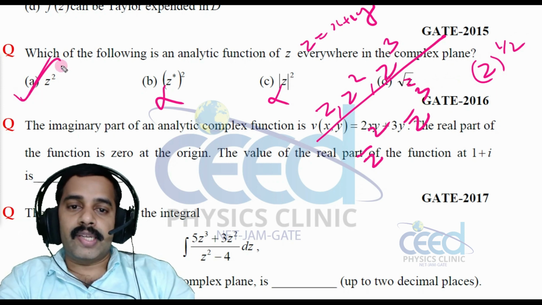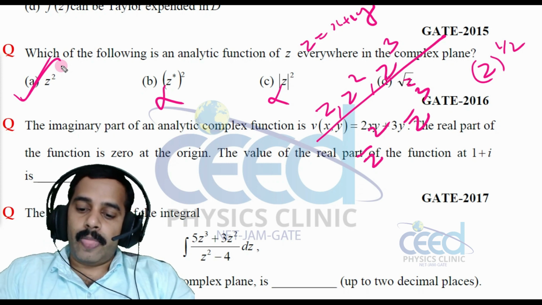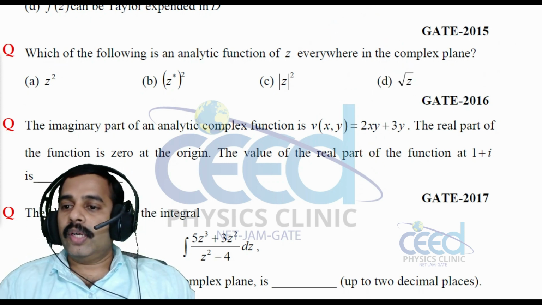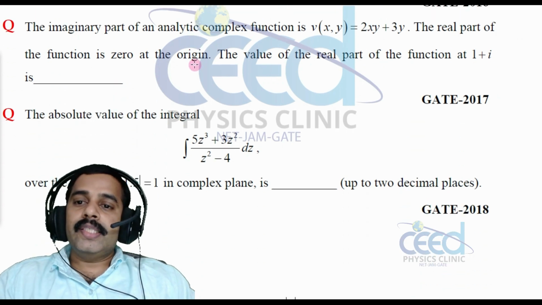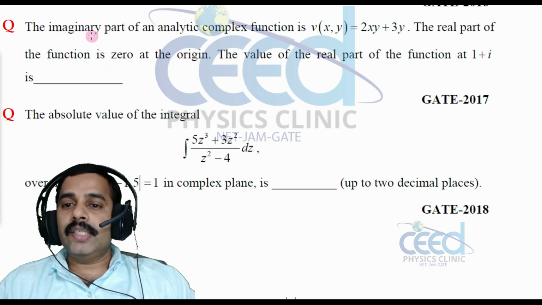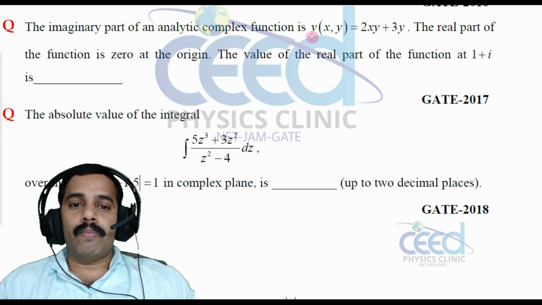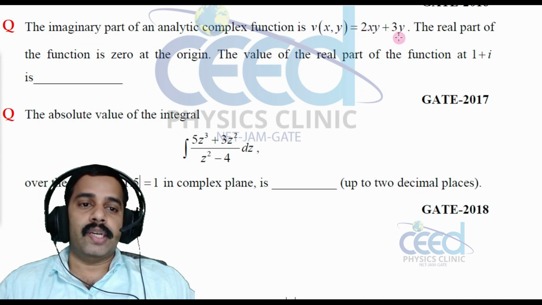Which of the following is an analytic function of z everywhere in the complex plane, right? So this all we have discussed in theory. The next question is, the imaginary part of an analytic complex function, that is v of xy, is 2xy plus 3y.